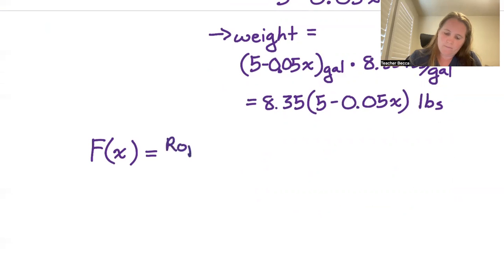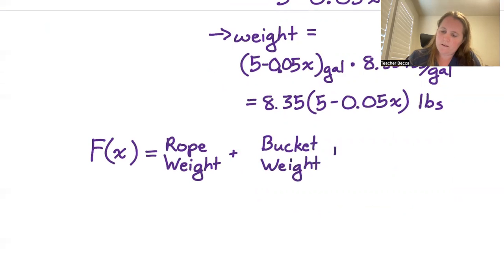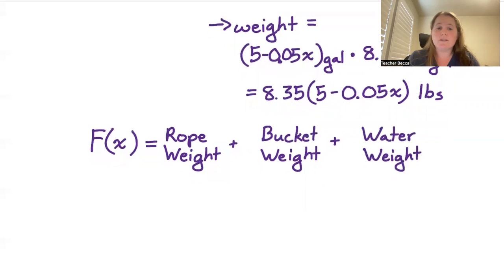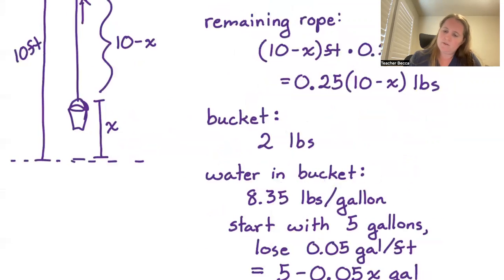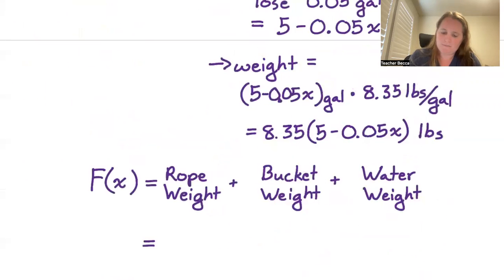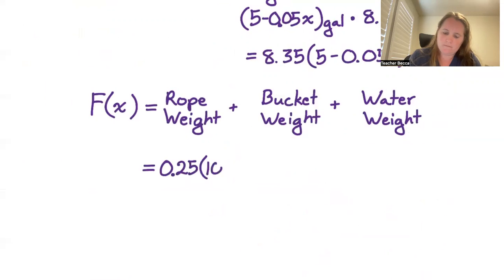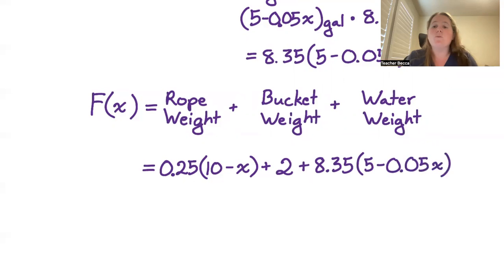So the force at any given position is equal to our rope weight, 0.25 times 10 minus x, plus our bucket weight, which was simply 2, plus 8.35 times 5 minus 0.05x for the water weight.